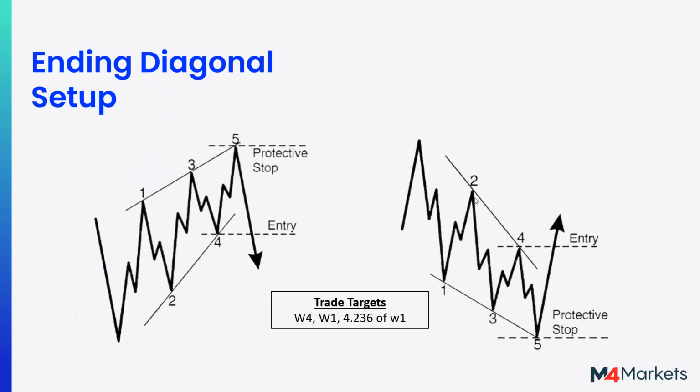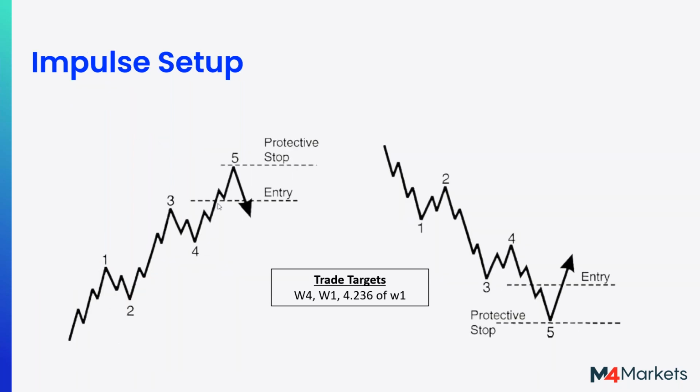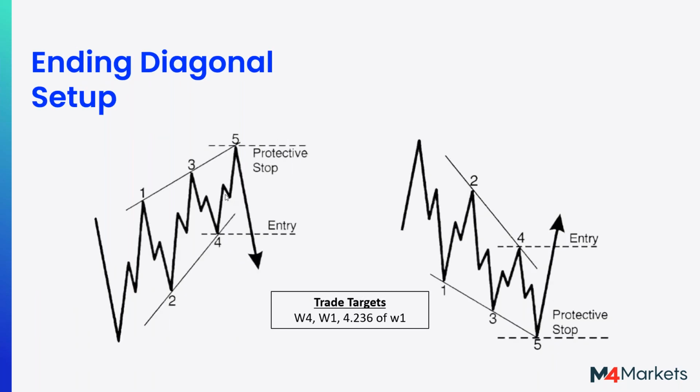Same process for the position to the upside, and in the diagonal setup, because this is not a diagonal setup, but they are very similar. Again, the entry is the 4th wave of the internal structure, and the protective stop is above or at wave 5.